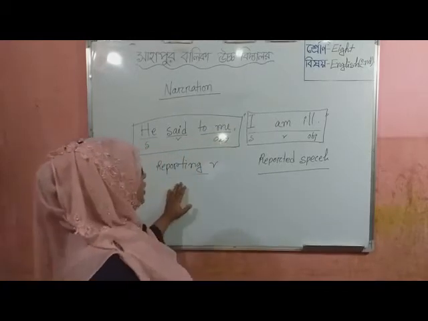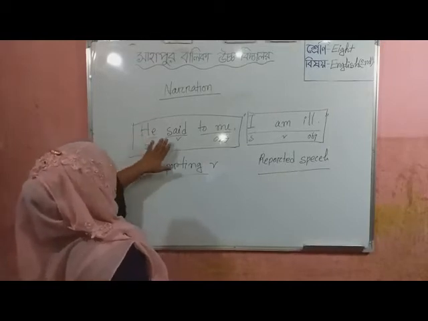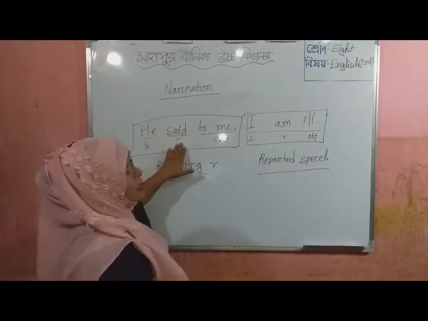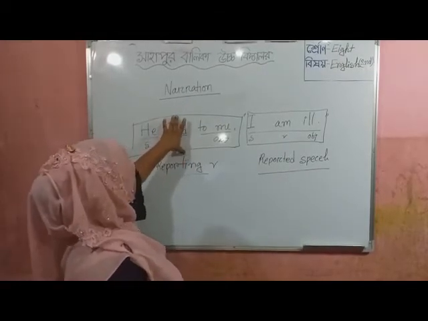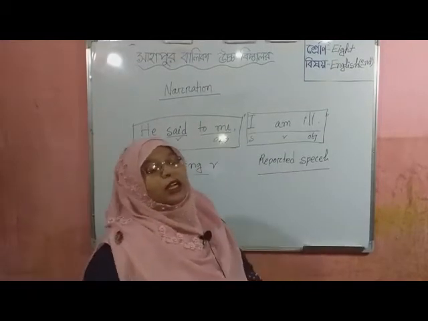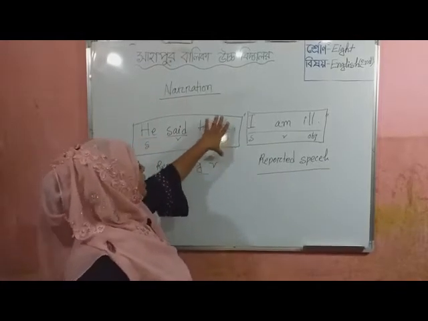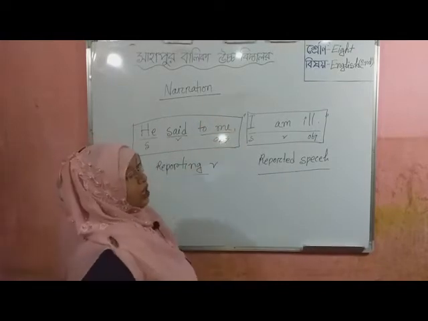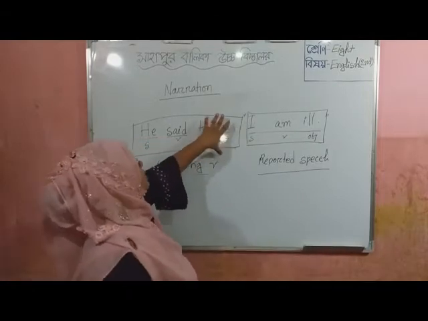In the reporting verb we can see the speaker, the subject. Said is the verb, it is the reporting verb, and to me is the object. But it is not necessary that we get this object all the time.